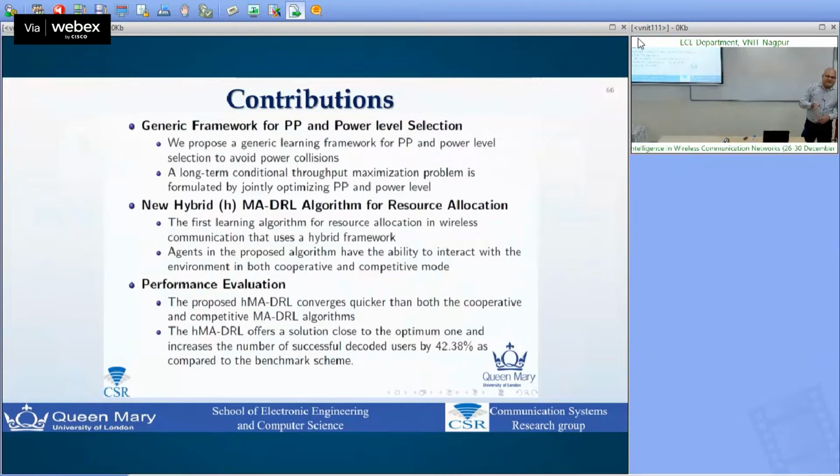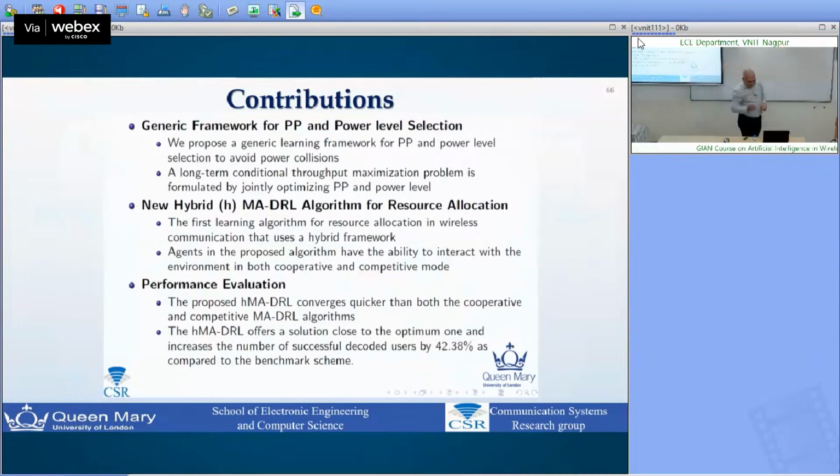To achieve the advantages of both, we are going to have a hybrid scheme.